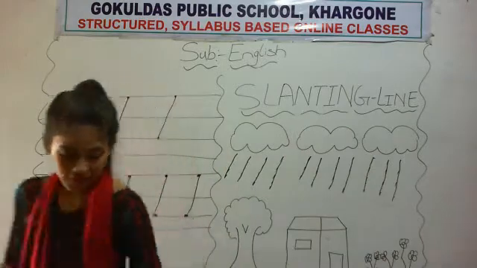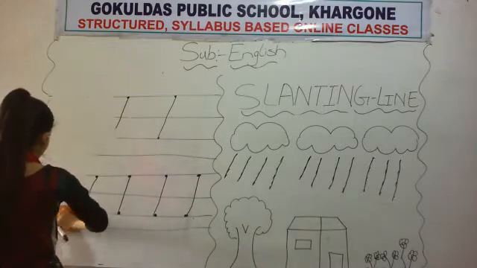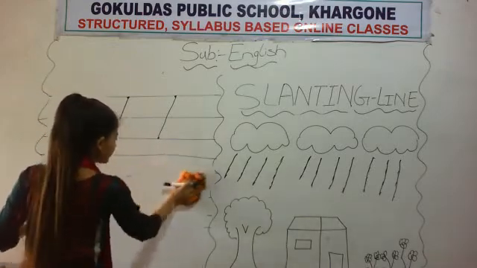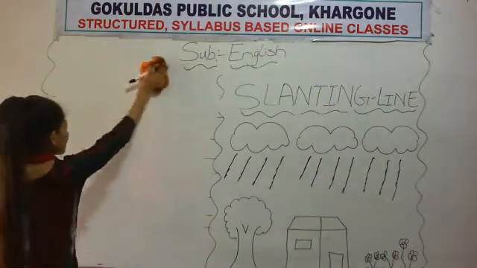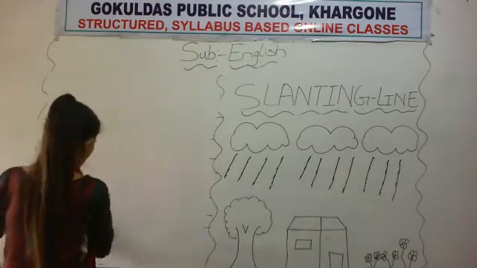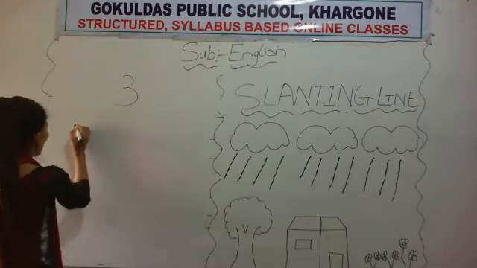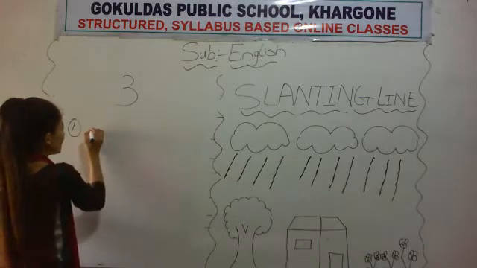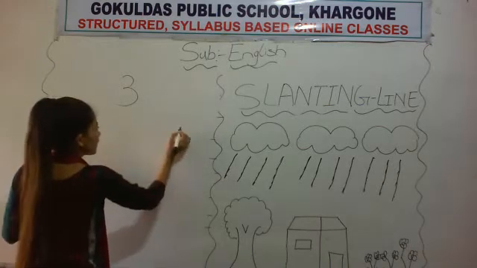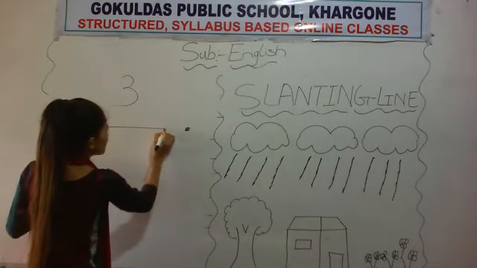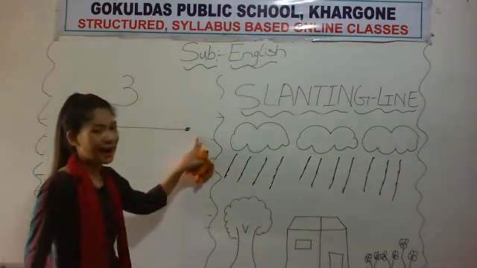Okay. See, till now how many lines have we learned? 3 lines. We have learned 3 different lines. Number 1, we have learned sleeping line.